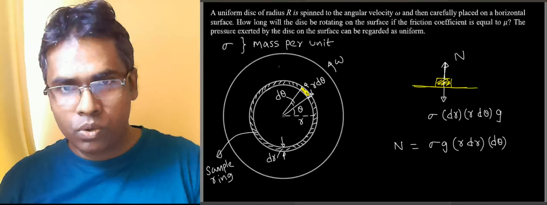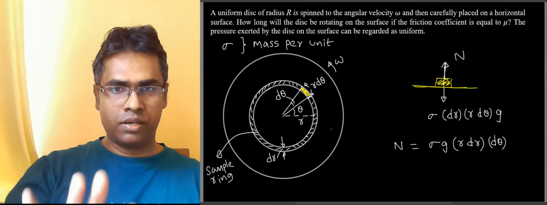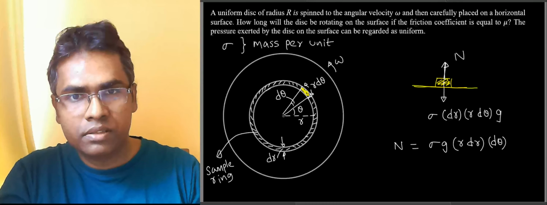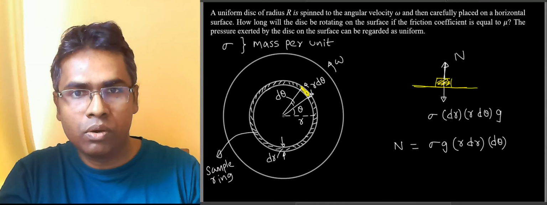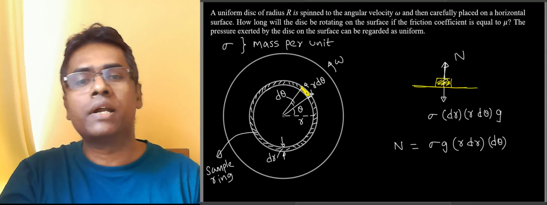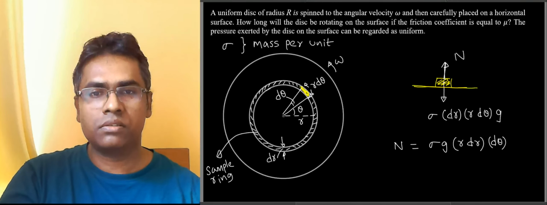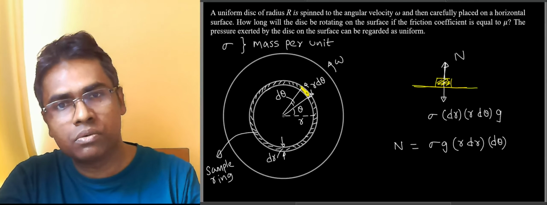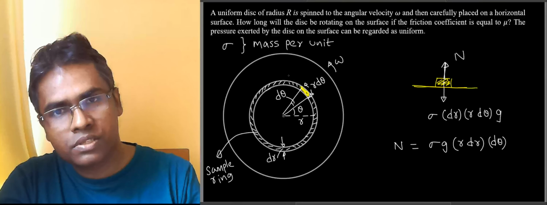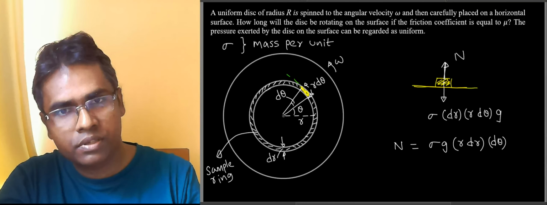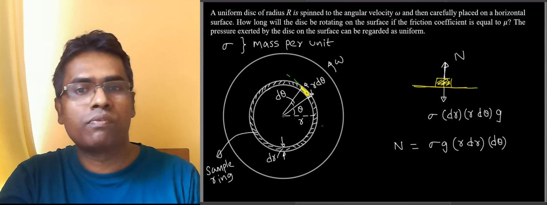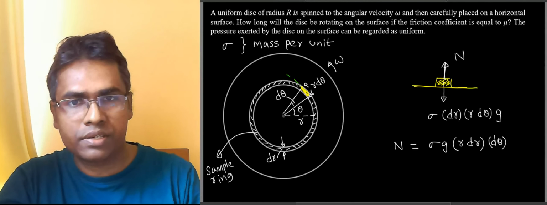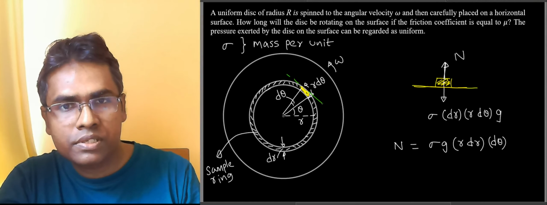Now, if I look at the disk and pay attention to this shaded section, the section shaded in yellow, as this section moves tangentially at that position, if there is no friction, it is trying to have velocity in that direction. So the frictional force on this section applied by the horizontal surface beneath would be in the opposite direction.